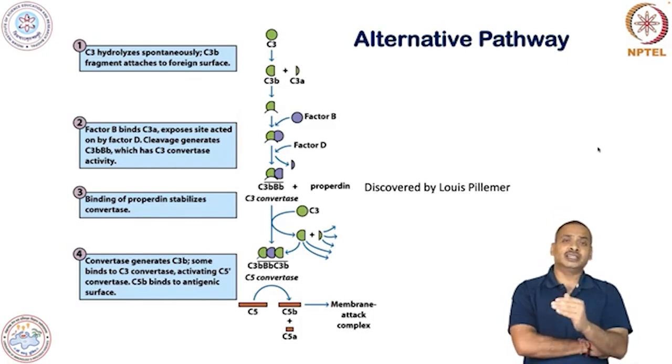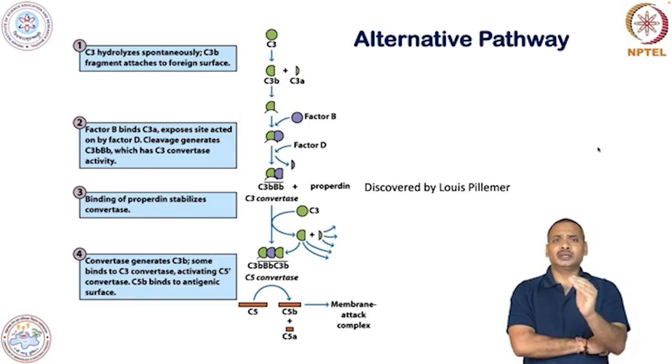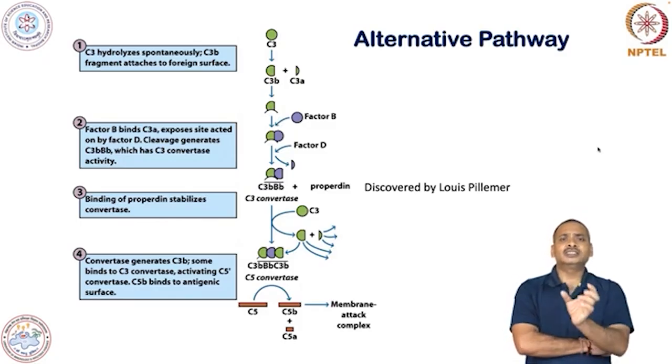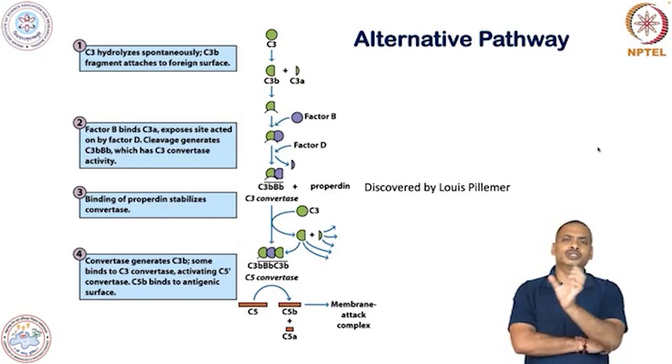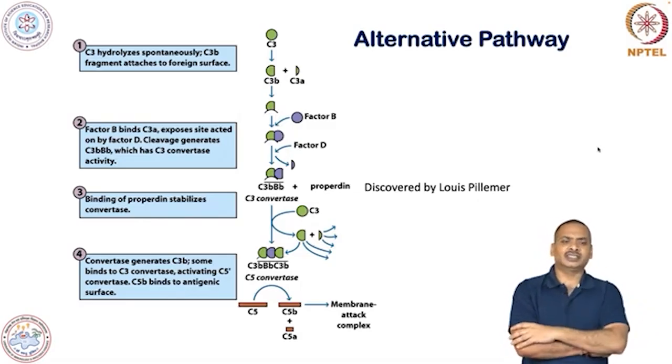Here you can see that C3bBb, which is a C3 convertase, is now interacting with one more unit of C3b, and that acquires C5 convertase activity.